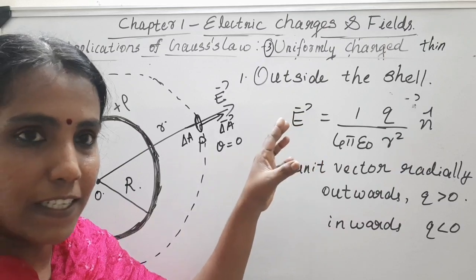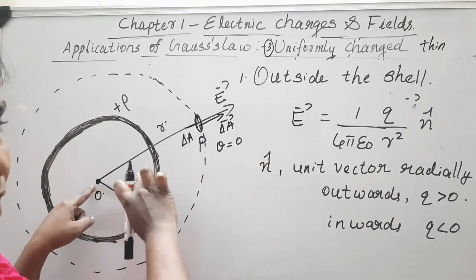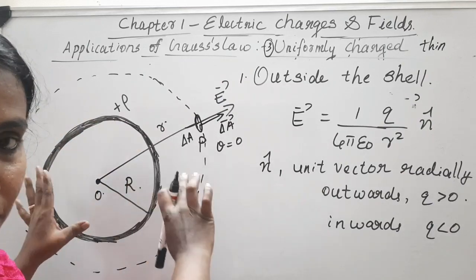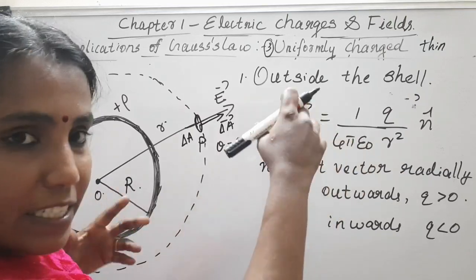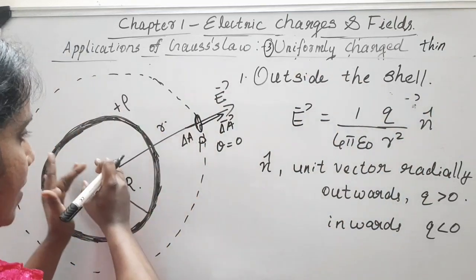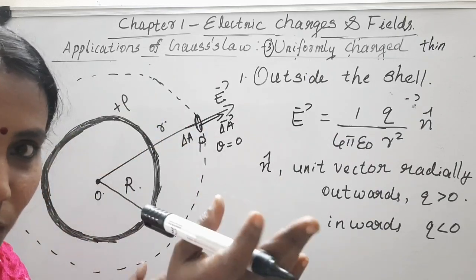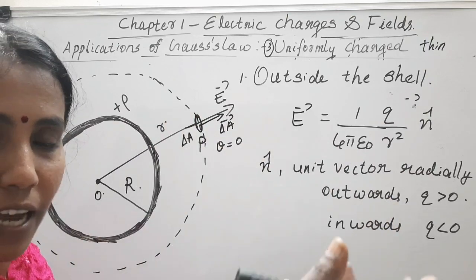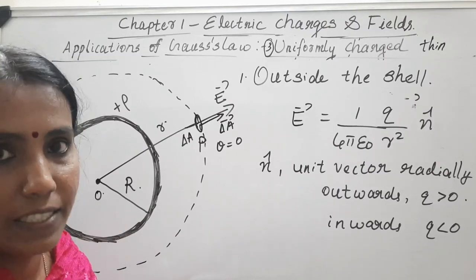This r is actually the distance from the center. But where lies the charge? Charge is lying on the surface of the spherical shell. But the field due to the spherical shell behaves as if the whole charge is concentrated at the center.